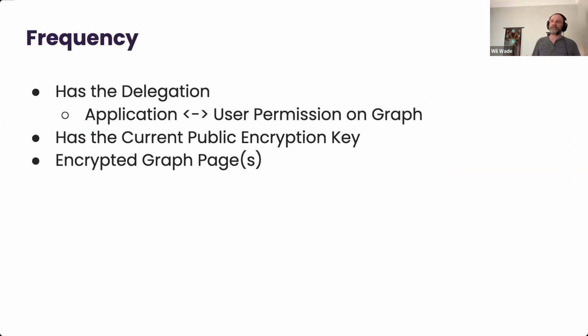And so again, we can look at Frequency. Again, it already has that delegation, that application-to-user permission on the graph. It has that current public encryption key, and it has the encrypted graph page or pages that the user needs.